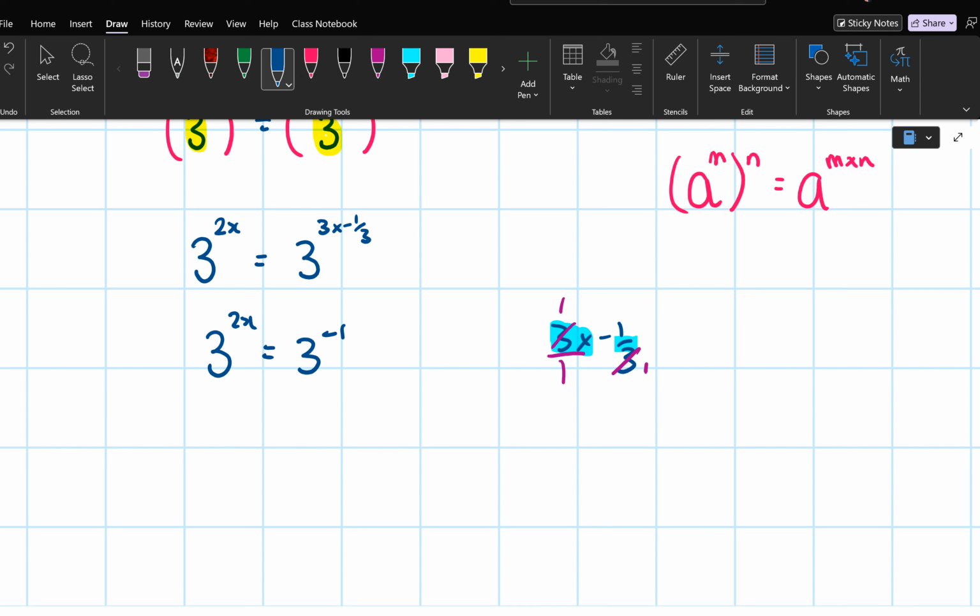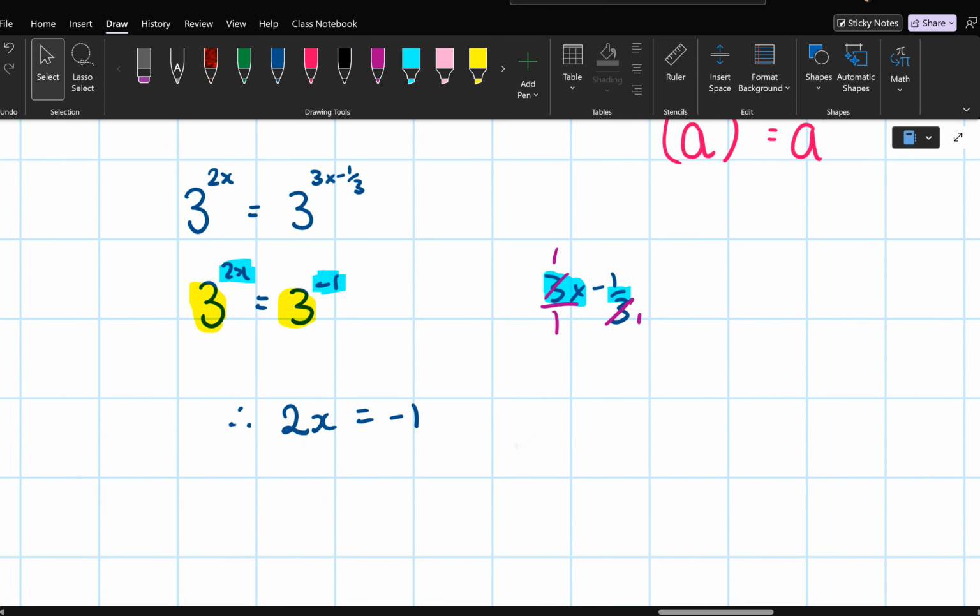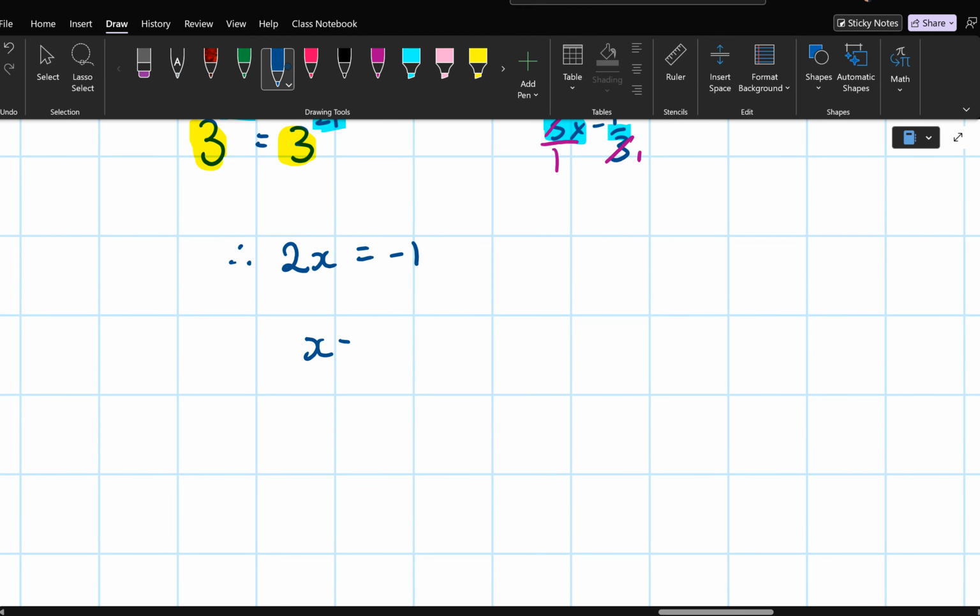Now the bases are the same. If the left-hand side equals the right-hand side and both bases are the same, then the powers must be the same. Therefore, 2x must equal negative 1, and that allows us to solve for x by dividing by 2 on both sides, and I get negative half.